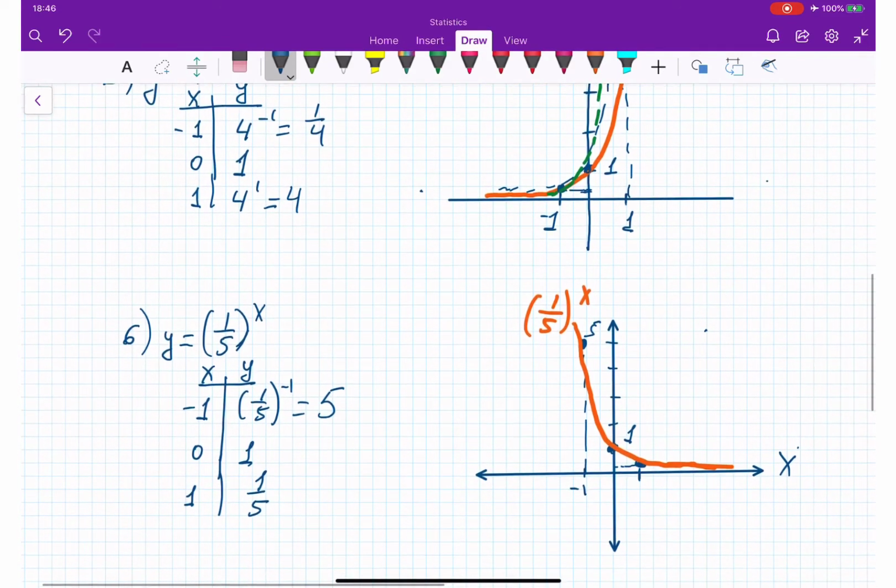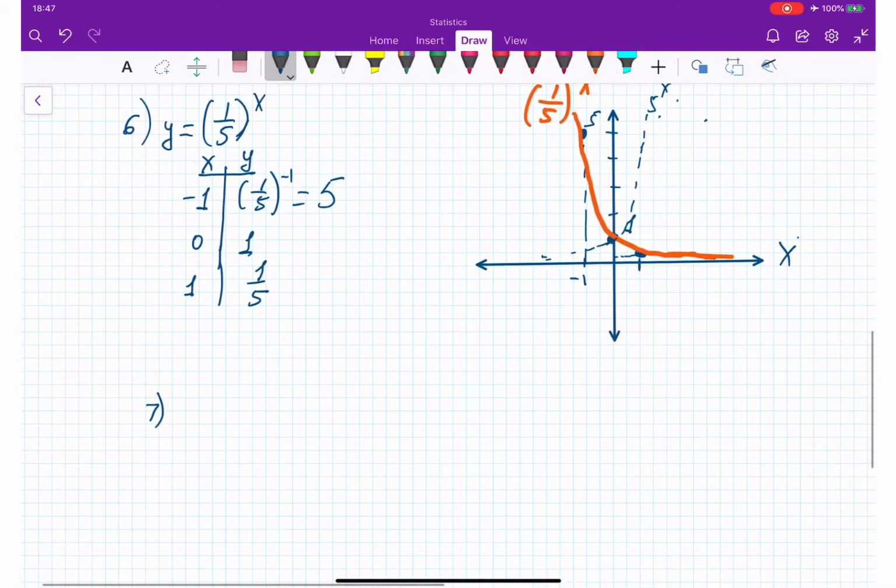You take the 5 to power x, let's say, and take it and flip it on the other side, you flip across the y-axis. All right.